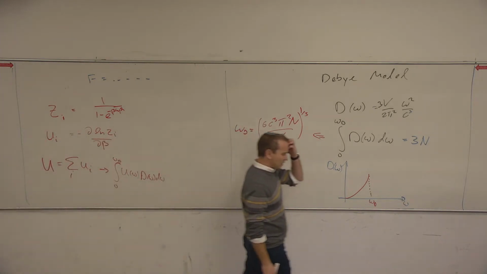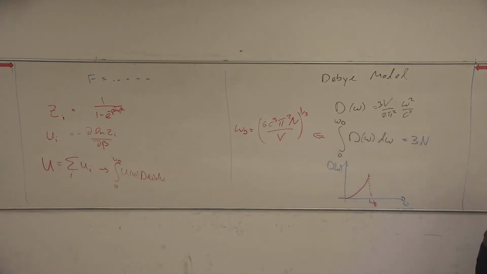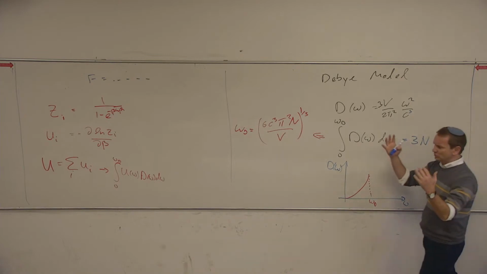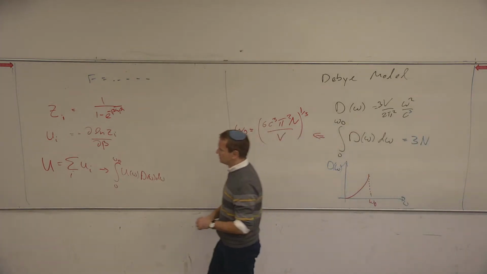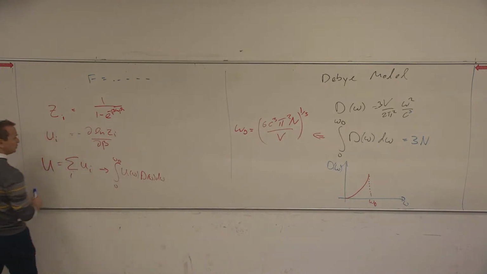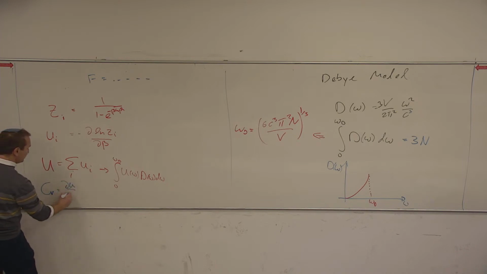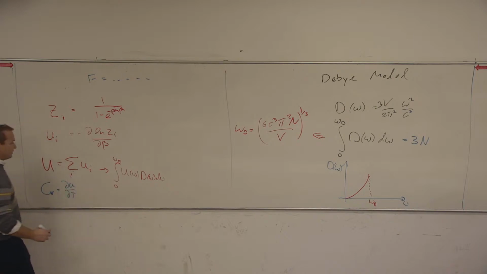Now, but the quantity that we have on our mind, that is actually the focus of our interest, is not U, is what? No, C_V. Okay, C_V, which is dU over dT. Now, look, all the energy is a sum of the energies per particle, or per phonon in our case.